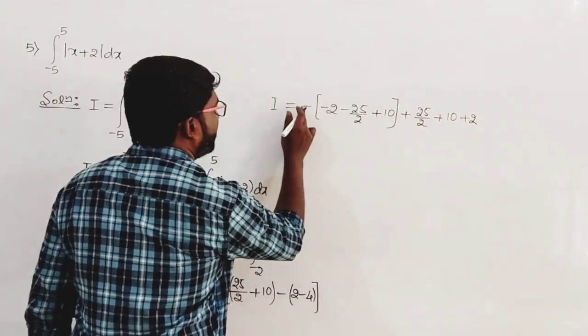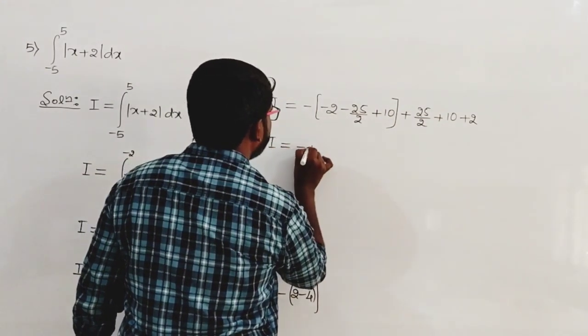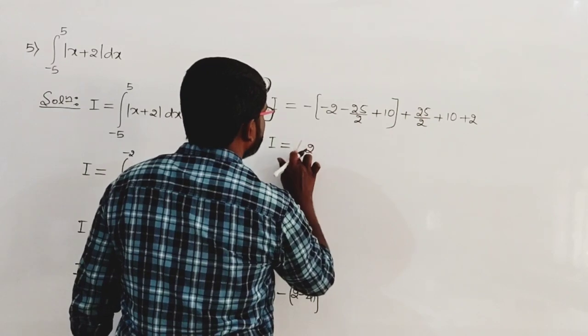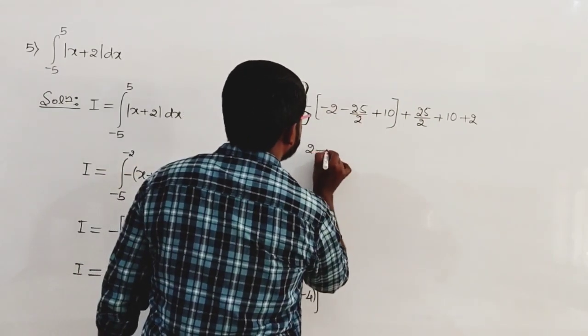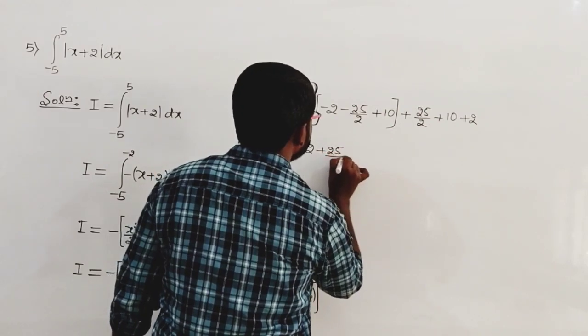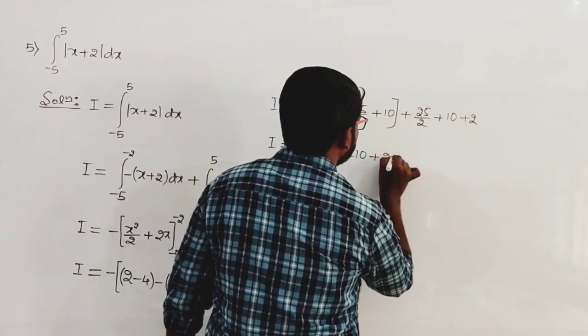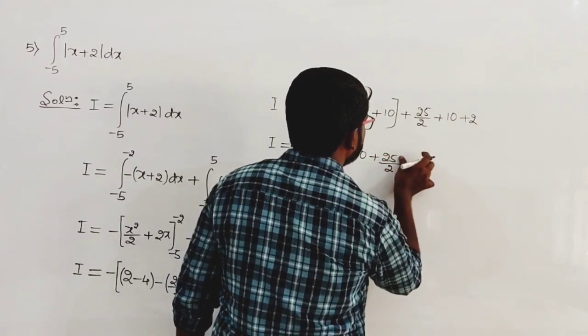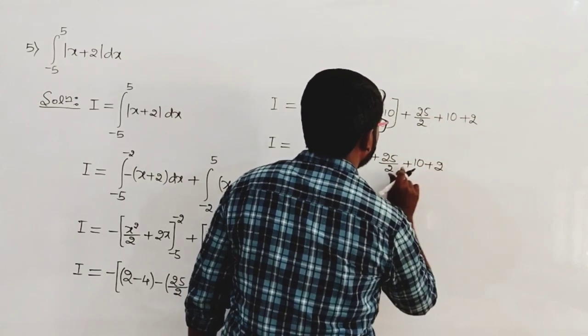So here multiply minus with all the three terms. I is equal to minus into minus is plus 2, so we don't have to write the plus sign. Then minus into minus is plus 25 by 2, then minus 10, then here it is plus 25 by 2, then plus 10 plus 2.